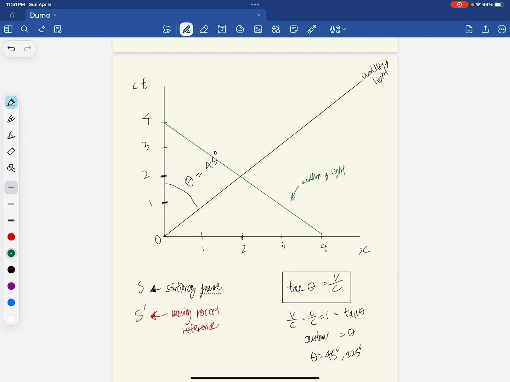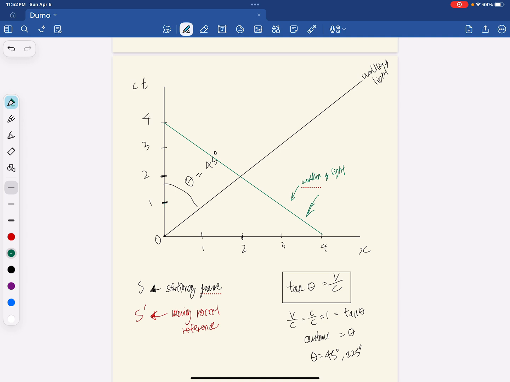But the only thing different about this black world line and this green world line is that the black world line shows a photon being emitted away from the origin, from the 0, 0. But the green world line of light shows light that is being emitted towards the origin.